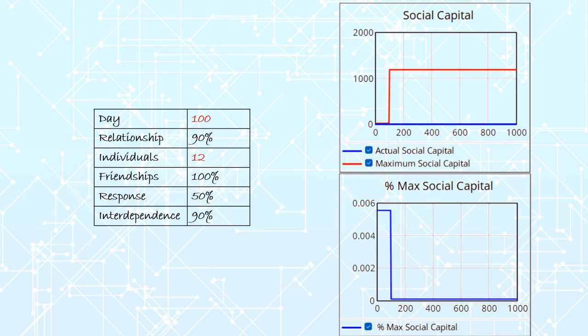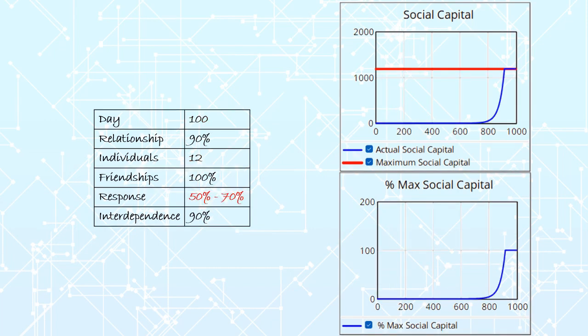Increasing the number of individuals increases the potential for social capital, but because of the level of response, actual social capital does not increase. Increasing the levels of positive and negative response gradually to 70% causes an increase in friendly behaviour and a decrease in unfriendly behaviour, and social capital rises to the maximum.